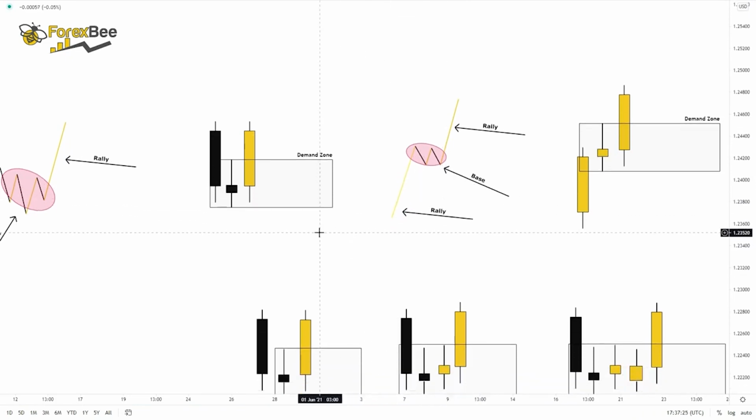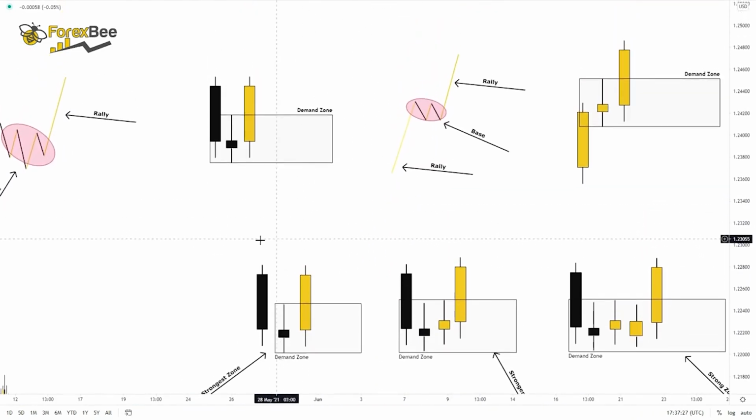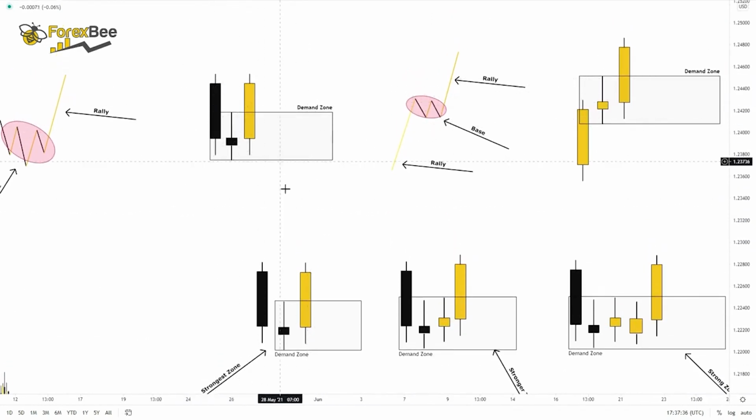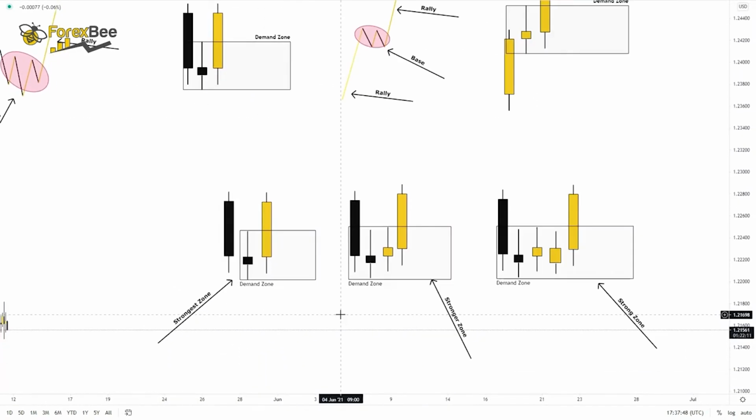There's another thing that you need to consider when you are spotting these zones and you're going to trade based on them, and that is the strength of a supply or demand zone. There's a technical way through which you can see whether a zone is strong or weak.